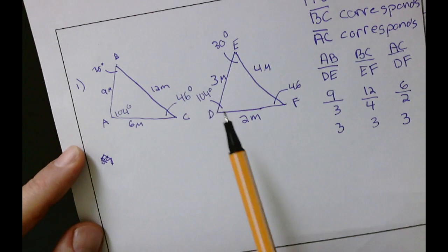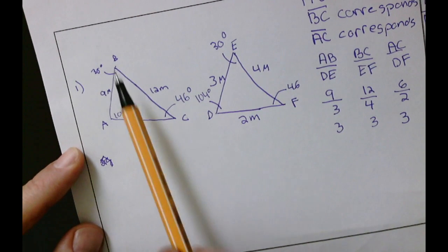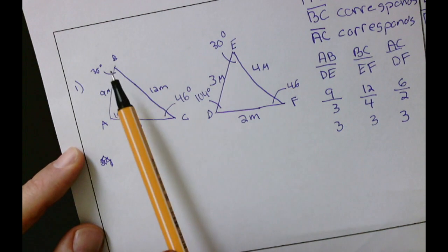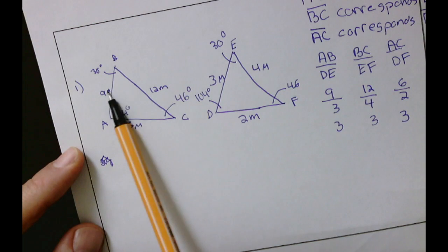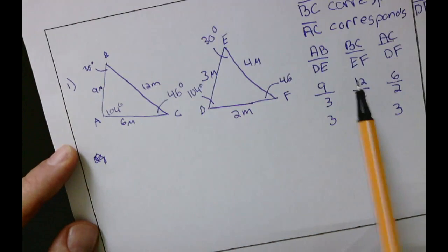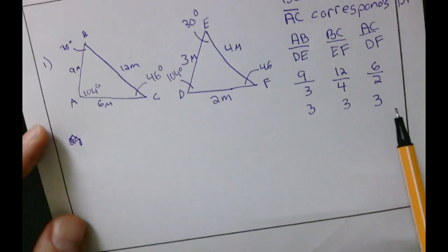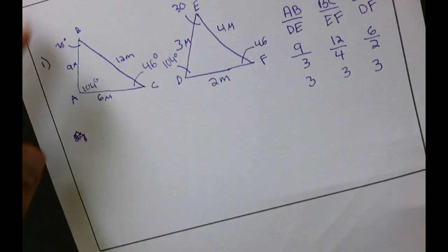Remember, similar triangles and similar shapes have corresponding angles, congruent angles, my apologies, and also their sides are proportional. So we can see then that these sides in fact are proportional and the sides are the same.